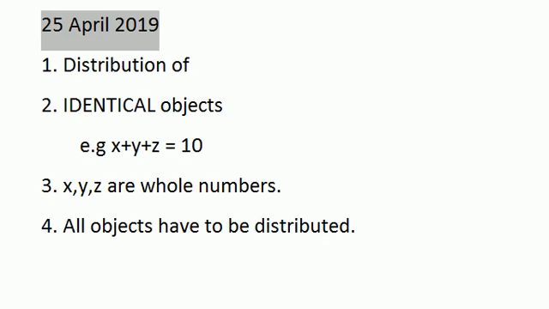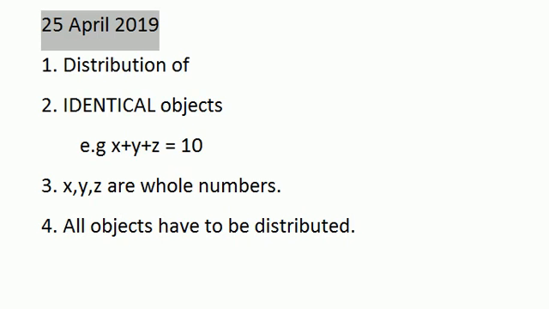So once again, in how many ways can 10 chocolates be distributed among 3 children such that it is allowed that one or more than one child may get 0 chocolates? In how many ways can we do this? Or what is the number of solutions of the equation x plus y plus z equal to 10 if x, y, z belong to whole numbers?